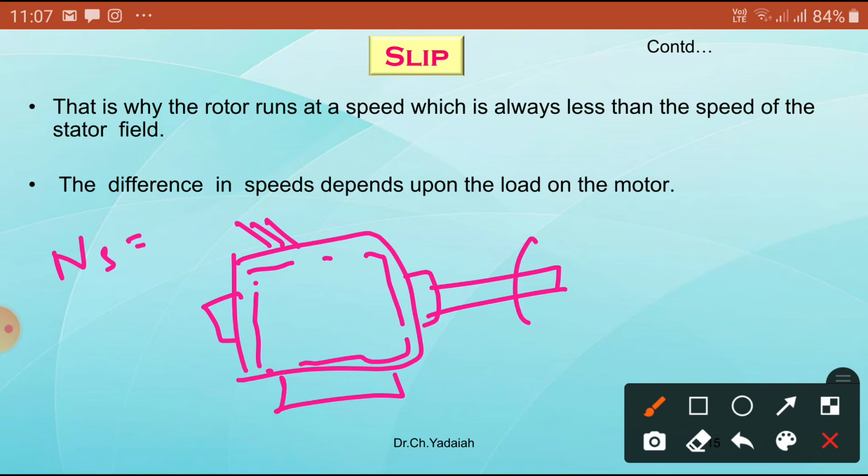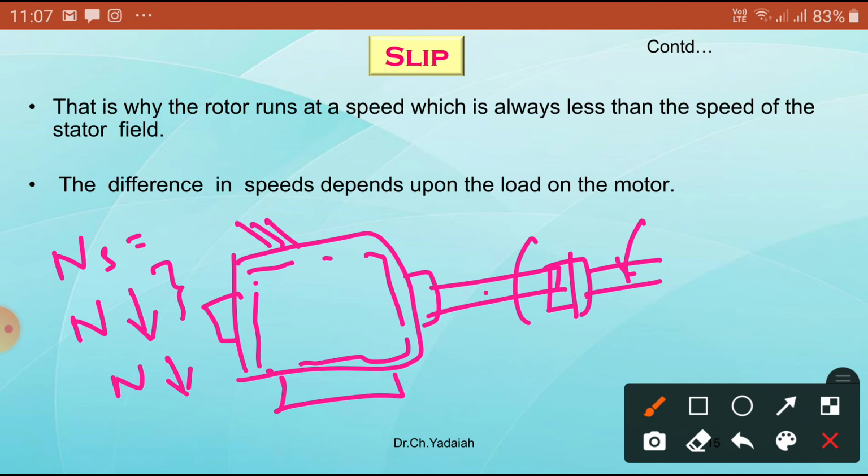Once you add some load on the rotor, then automatically the speed of the rotor, the n value, reduces. Then what will happen? The relative motion between ns and n also increases. If further load is added, the speed n further decreases.